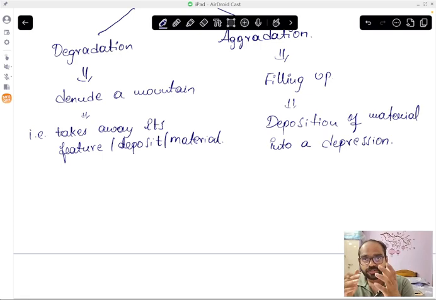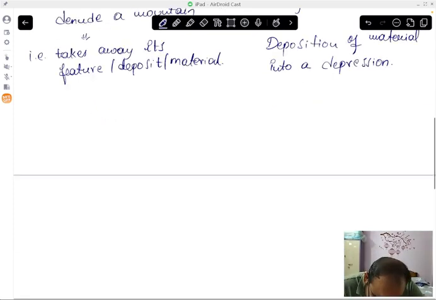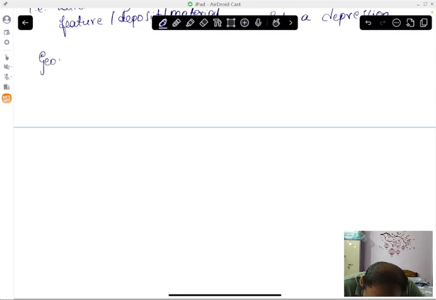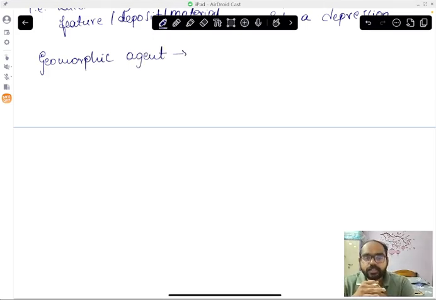So we have seen exogenetic and endogenetic forces. Next, there is a term called geomorphic agent. What is a geomorphic agent?